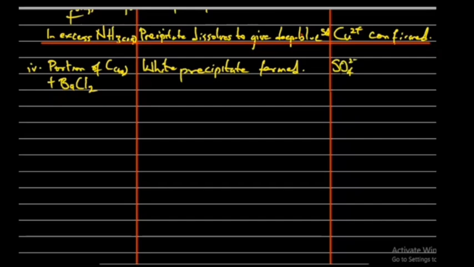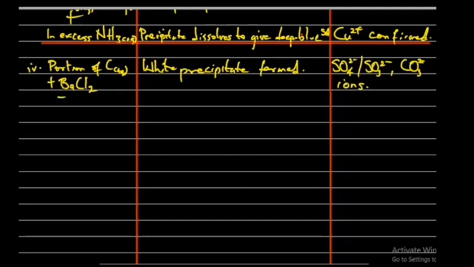That's a confirmatory test for the sulfate ion. It could also be SO3 2-, or carbonate, CO3 2- ions. All of these ions could be present as a result of that observation.